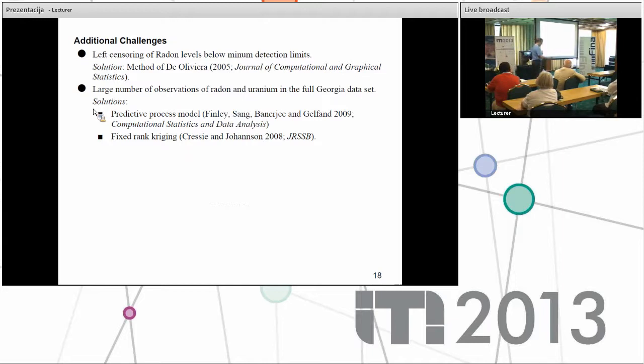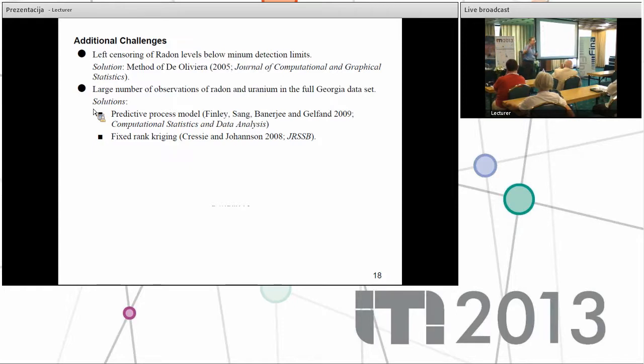This is very much work in progress. There are a number of additional challenges that we're going to be looking at here. These models I'm building step by step. One of the challenges is that the radon levels are actually so-called left censored. There are a number of values where no radon radiation was actually detected.